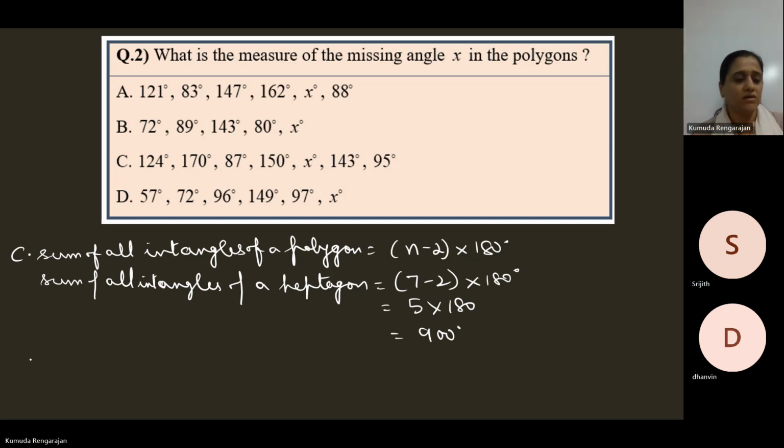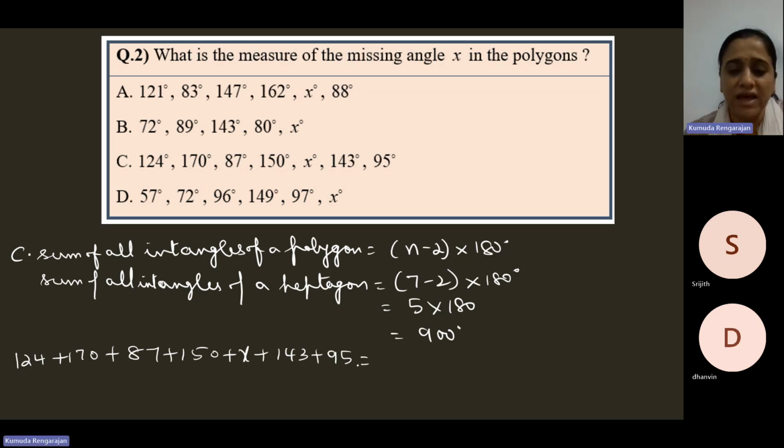So 124 plus 170 plus 87 plus 150 plus x plus 143 plus 95. The sum of all these 7 angles is equal to 900.